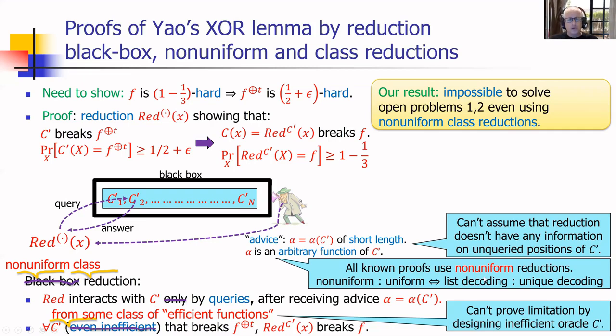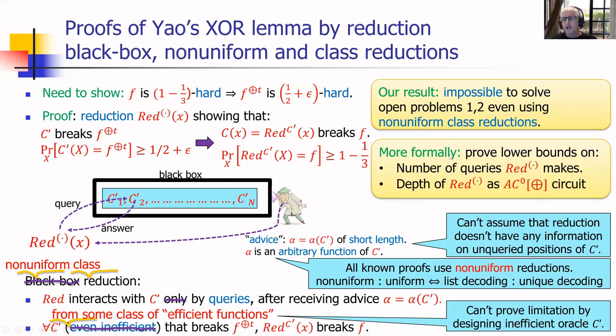So now that I've told you what a non-uniform class reduction is, I'm ready to tell you what our result is. Our result is that it is impossible to solve the 2 open problems that I showed you, open problems 1 and 2, on Yao's XOR lemma, even if you are allowed to use non-uniform class reductions. More formally, we prove a lower bound on the number of queries that such a reduction makes, and this translates into the impossibility result for open problem 1.